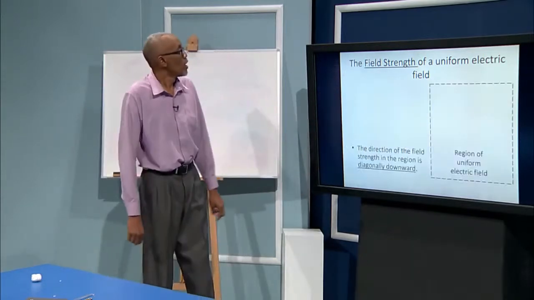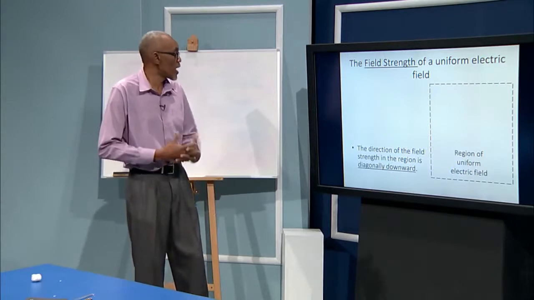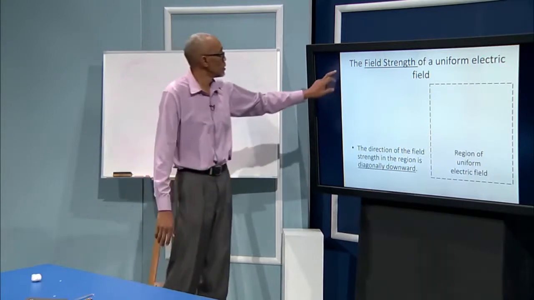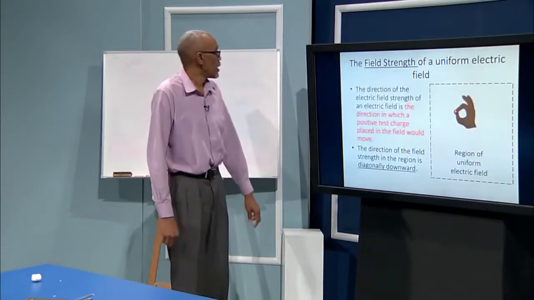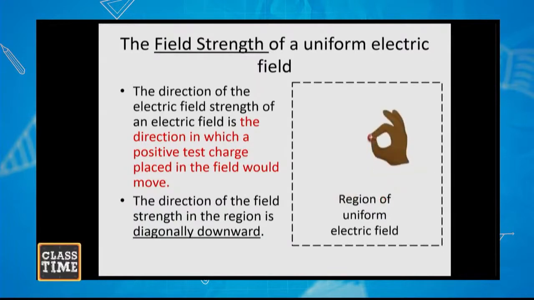All right? So how do we determine the direction of a uniform electric field? The direction of electric field strength is the direction in which a positive test charge placed in the field would move. So if you place a test charge, it moves diagonally. We place another one, it begins to move diagonally.